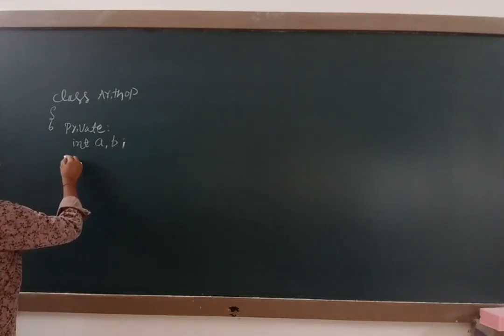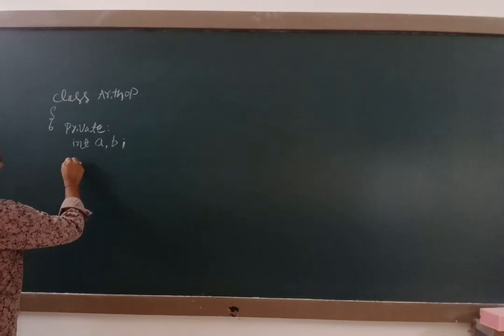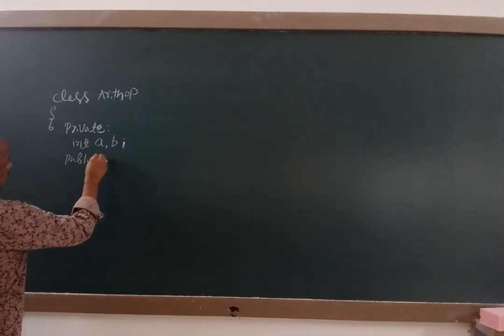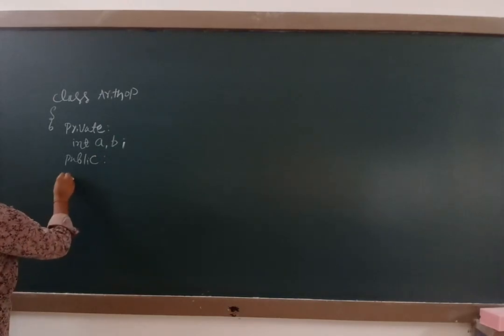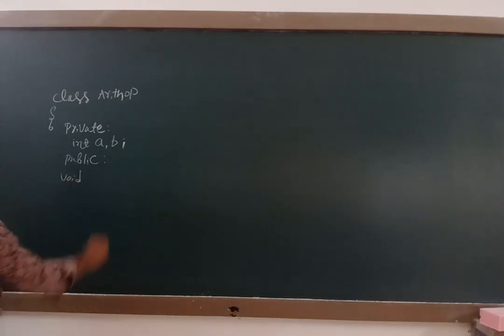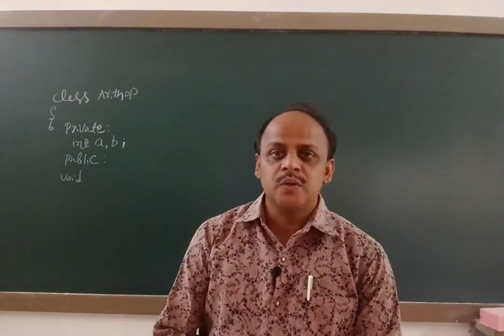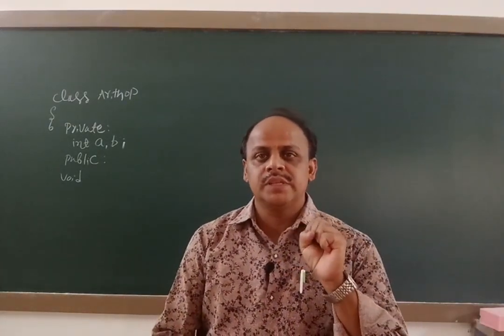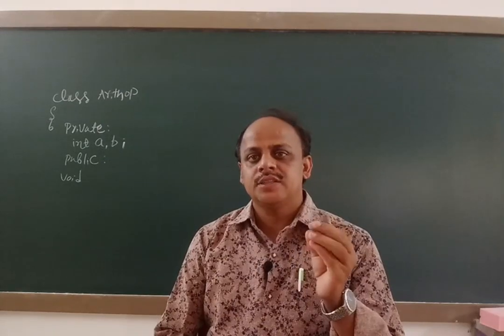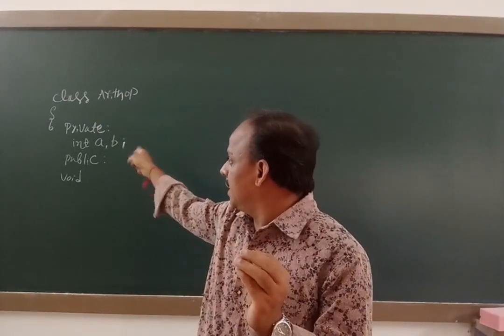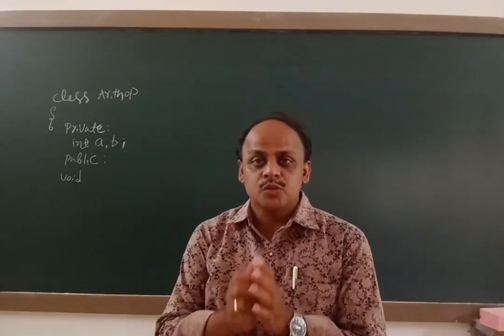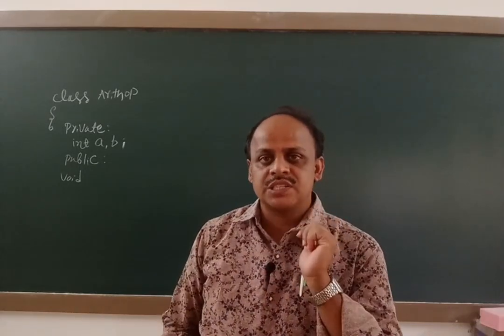And next consider the member functions. Public. You see what member functions we need? First we have to accept two values and store one value in a, another value in b, right? So for this purpose we need one input function.